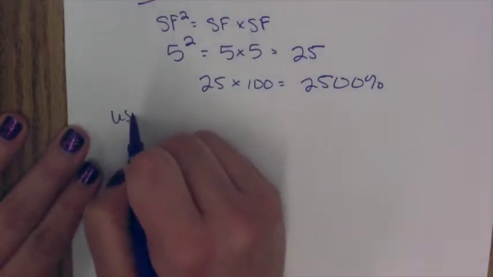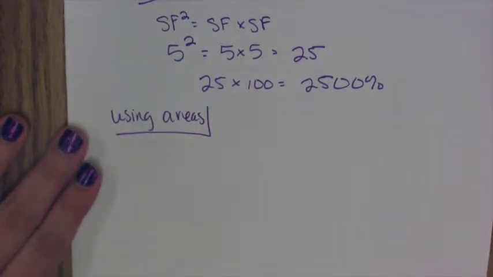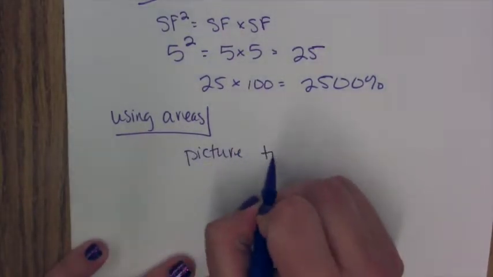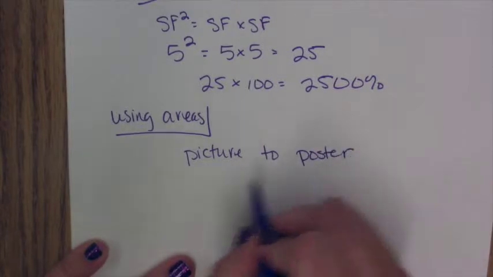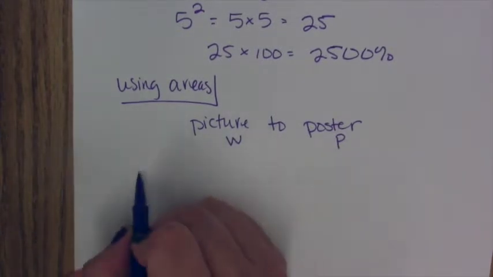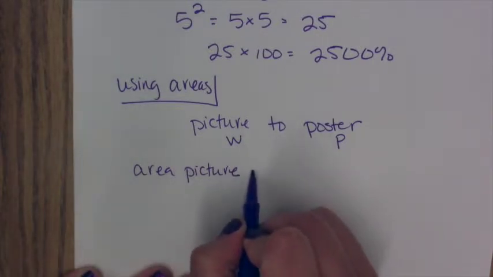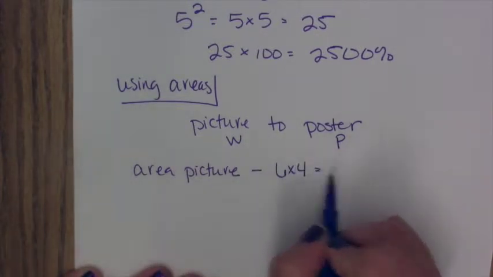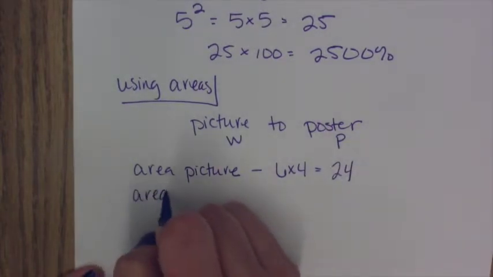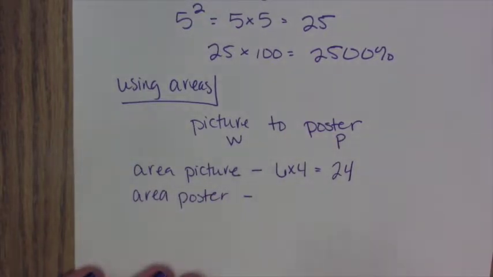Now let's find it using the actual areas. All right, so again, we're going picture to the poster, our whole to our part. So let's find the area of the picture, which is a 6 by 4 or 4 by 6, doesn't matter which way you do it. 6 times 4 is 24. We'll find the area of the poster, which we have found our dimensions in a previous question.